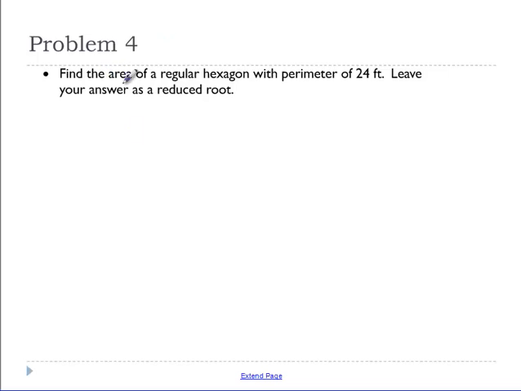And our last example, area of a regular hexagon with a perimeter of 24. So let's get a hexagon. We have a perimeter of 24, which divided by 6 makes each side 4. So when I draw in the apothem and the radius, I know that that's 2 and that's 2. 30-degree angle is right here.